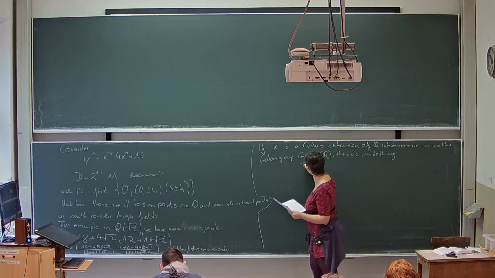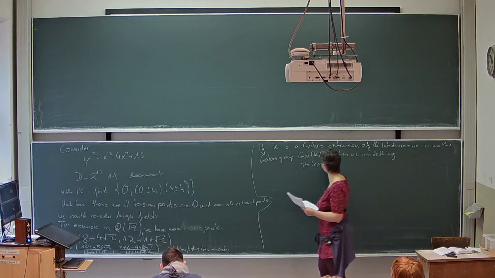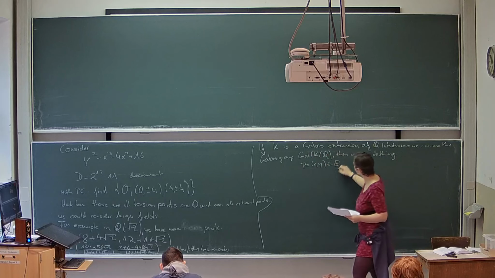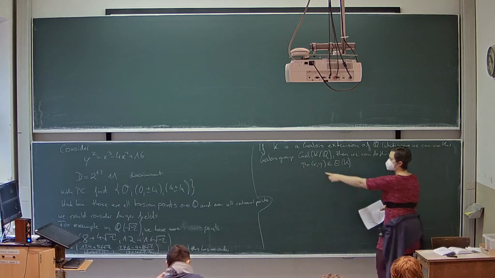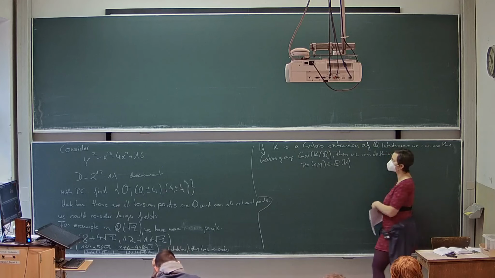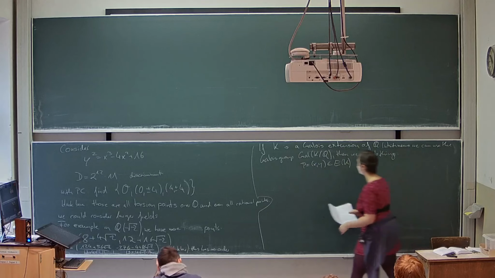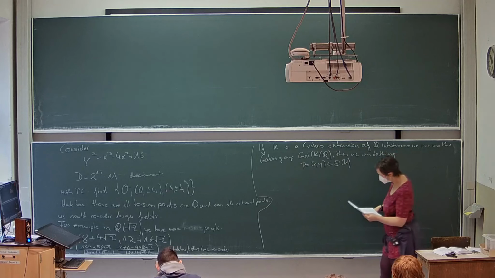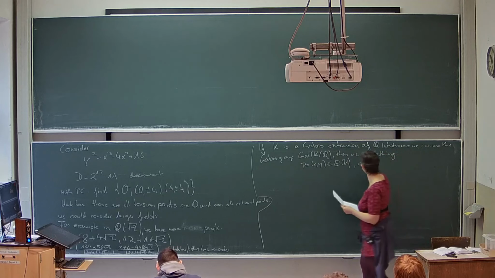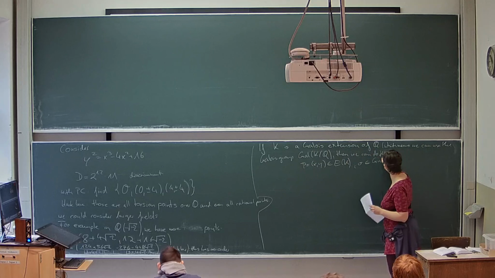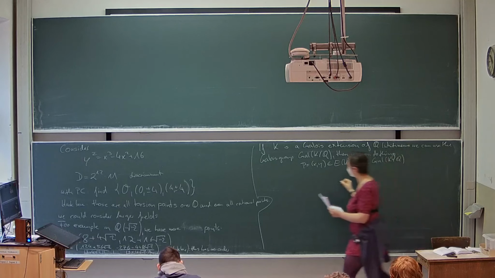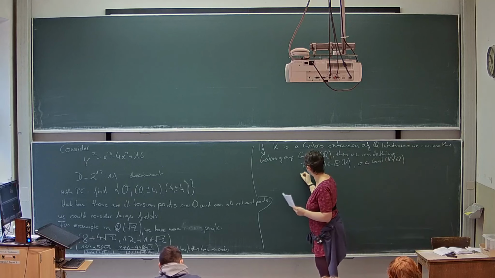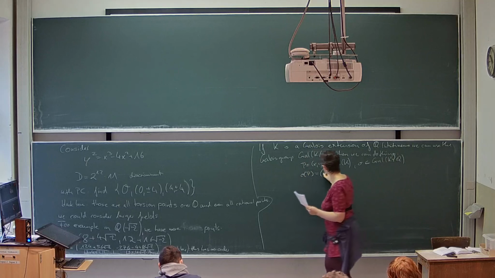Namely, if we have a point on an elliptic curve where the coordinates of the point are in the field K, and we have an element in the Galois group, then we're able to do this.